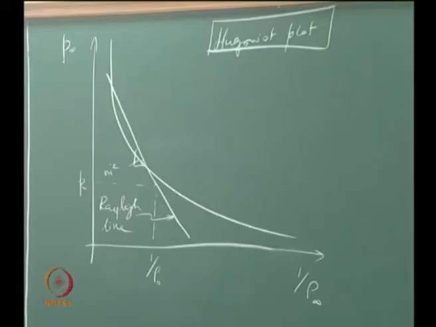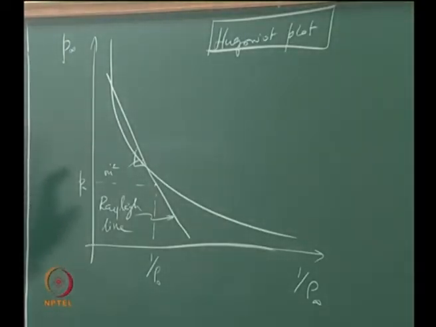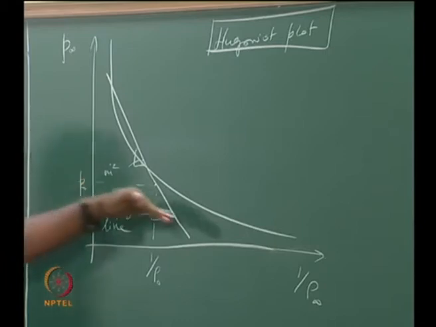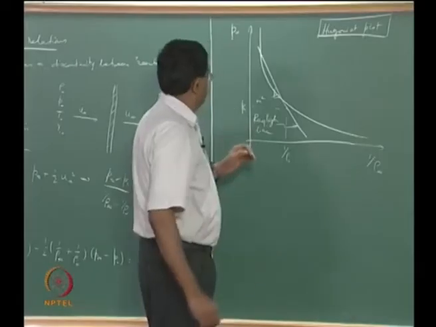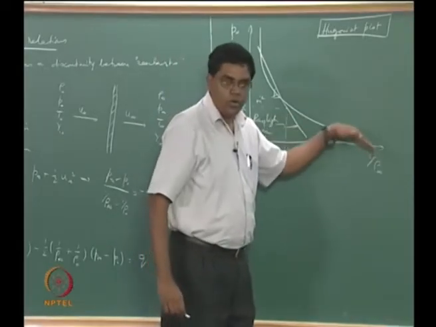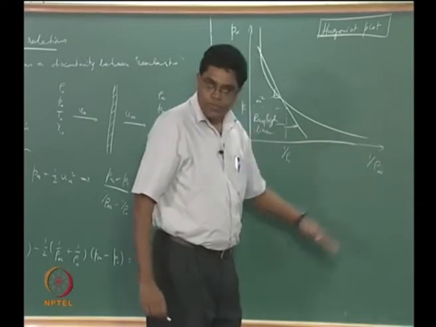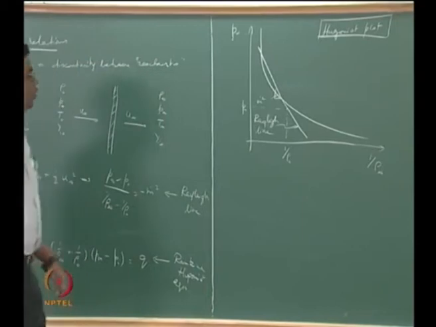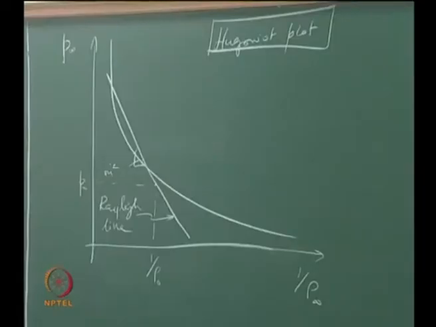Now we don't know exactly if it's going to be a rectangular hyperbola in this P infinity, 1 over rho infinity domain. It's very likely that it could cross over to a lower value. I'm not saying that this is exactly the curve at the moment, but what we are trying to do is construct this curve as we go along.